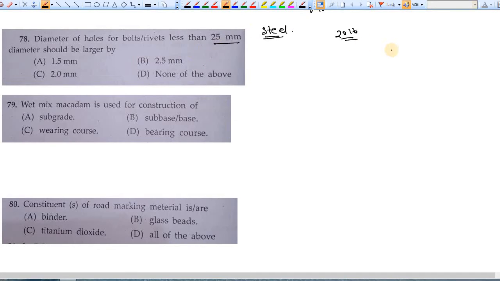So for less than 25 mm diameter, the hole diameter is 1.5 plus the diameter of the rivet or bolt, and for greater than 25 mm diameter of bolt, the hole diameter is 2 plus D. So here this is 1.5.